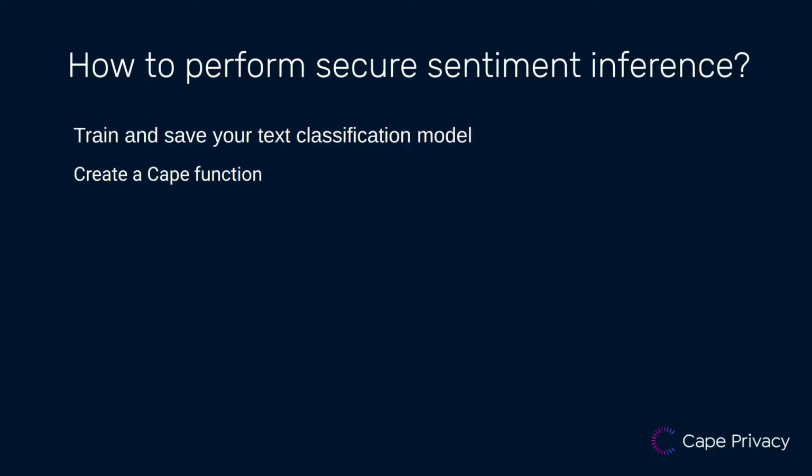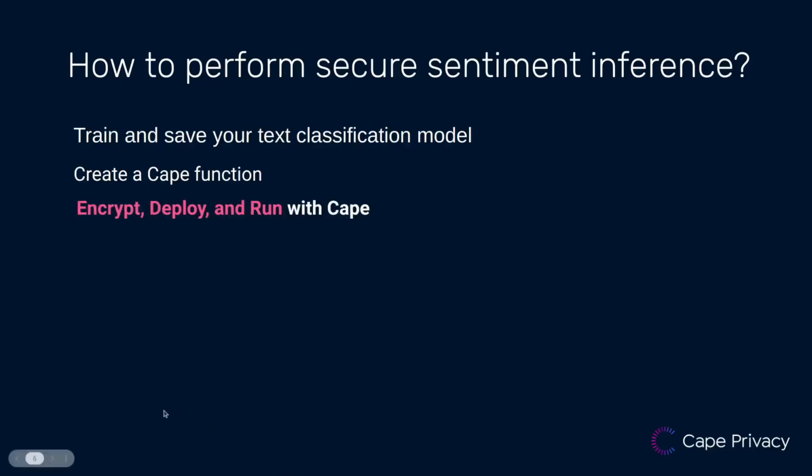This function accepts your inputs and returns your outputs. And in case of the sentiment analysis application, you would pass in the text you wish to classify into cape_handler, invoke your model, and return the prediction that the model outputted, which would be the sentiment of the text.